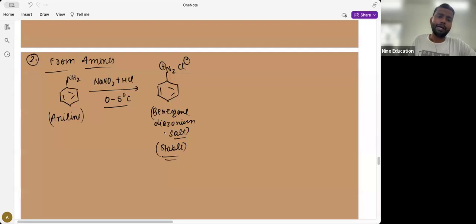See beta, aryl diazonium salts are more stable in comparison to alkyl diazonium salts. Earlier above we wrote that CH3N2 positive was unstable, and this is stable because the positive charge will go in resonance of this benzene. So this is a little bit stable salt.